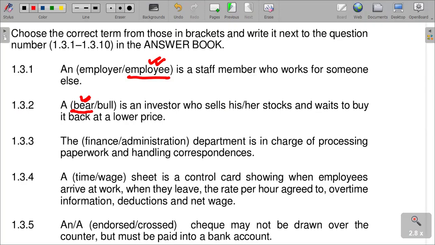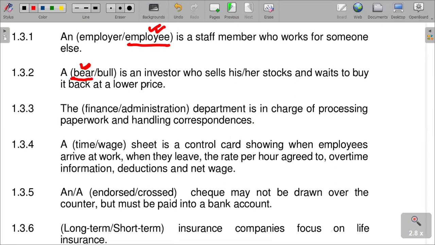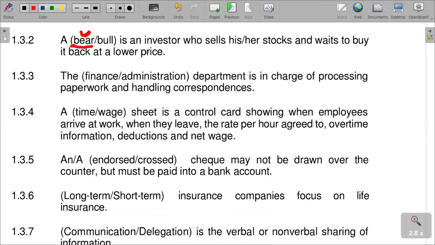In that regard, he's making a profit, because you sell at a higher price, and then you buy it back at a price that is lower than what you sold it for. Hence, it is a bear.